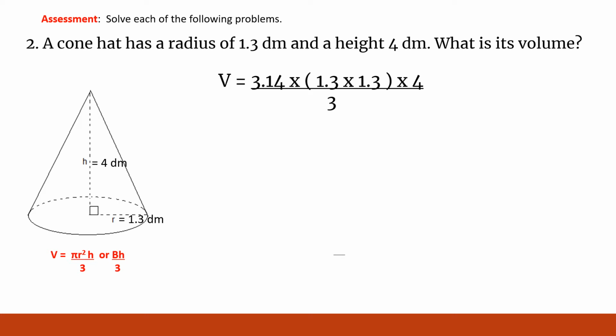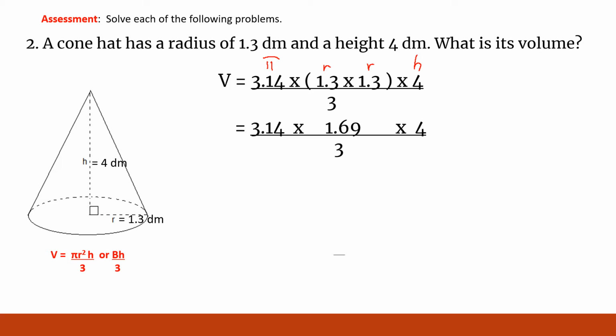So itong 3.14, ito yung ating pi. Okay? And then times 1.3 times 1.3 simply because the given radius is 1.3 decimeters. So ito yung isang radius and then another radius. Then times the height of 4 decimeters. Ito yung ating height, then all over 3.